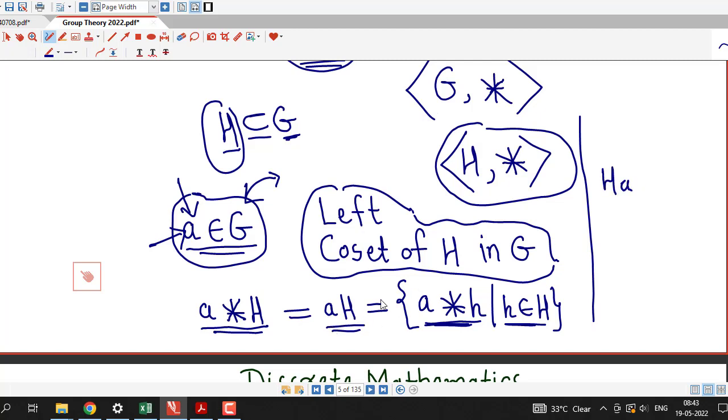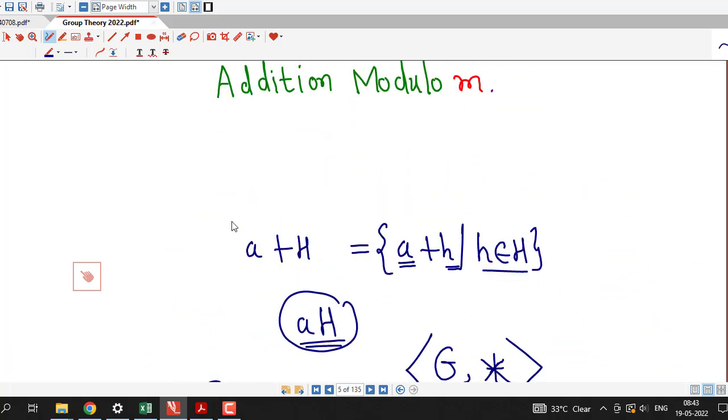Instead of aH, we consider Ha, and it is defined in a similar way. We will write h star a, where h belongs to H. So this is known as the right coset of H in G corresponding to this fixed element a. So for every element of a group G, we can define left and right cosets.